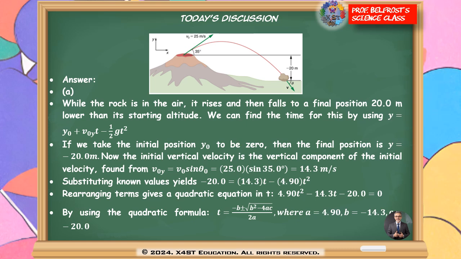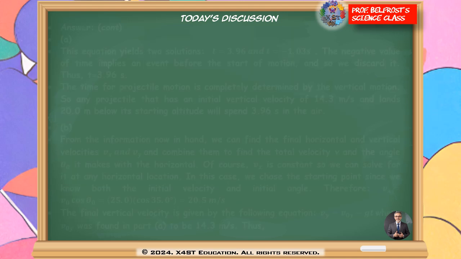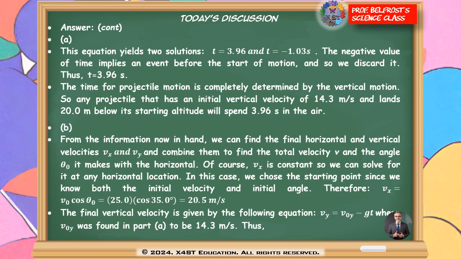By substituting the values, we can create the equation and rearrange it. We can make use of the quadratic formula, and we find the solution, which is t can be 3.96 or minus 1.03. But the one that makes sense here is the positive time. So this is 3.96 seconds. That will be the solution to the first question.